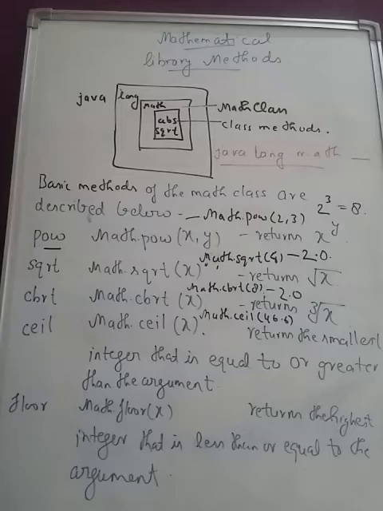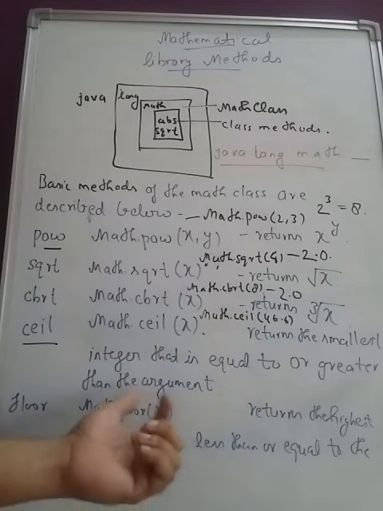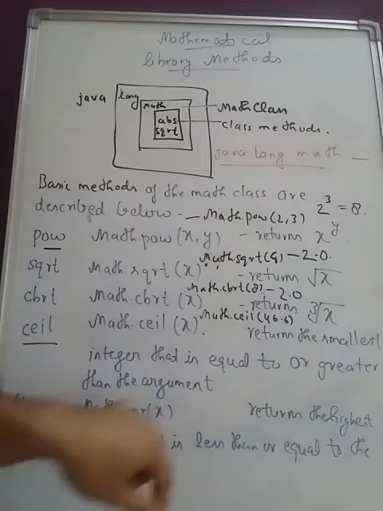In a simple manner, if you have applied the ceil method, you have to select the next highest or next greatest value than the argument.